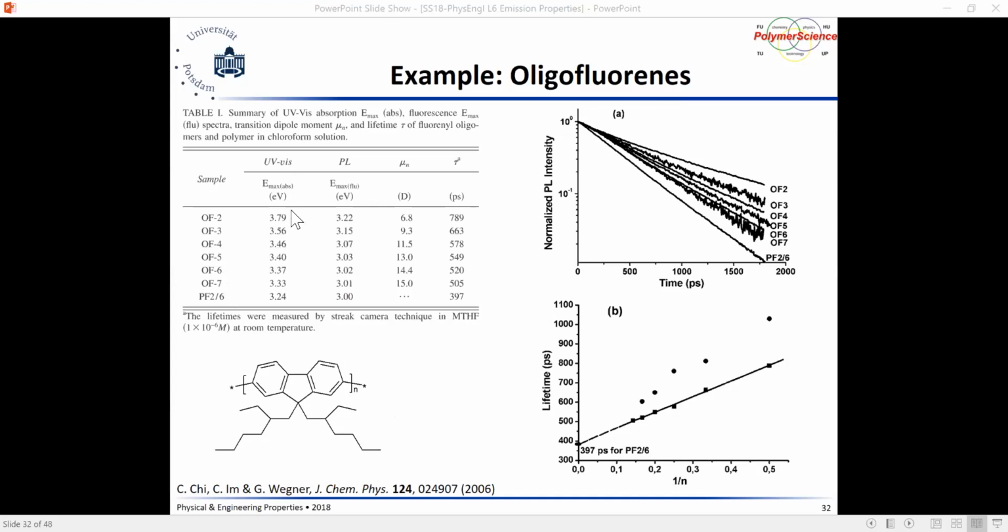That's the difference. In this table, we have the information about where they absorb, where their PL is, so the difference between the two would give you your Stokes shift. And this is your transition dipole moment, and the lifetime of your radiative states.